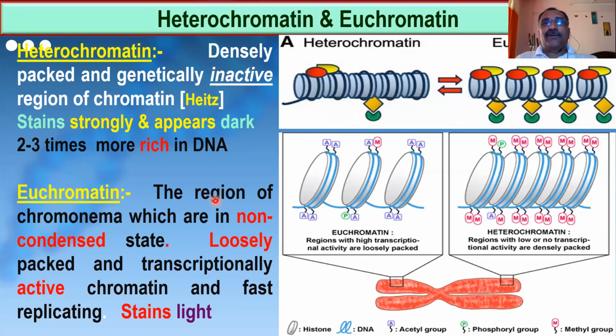In a chromatin, there are 2 regions, dark stain region and light stain region. So in a chromosome or a chromatin fiber, there is a light stain area and a dark stain area. What do you call the dark stained area of chromatin?